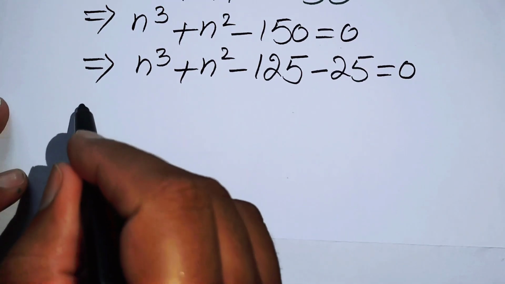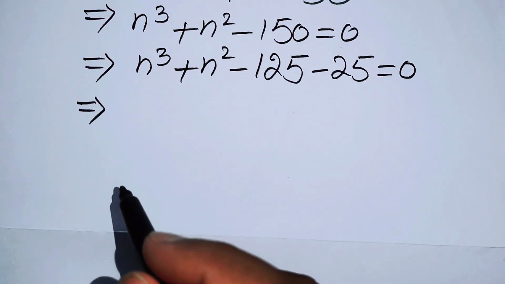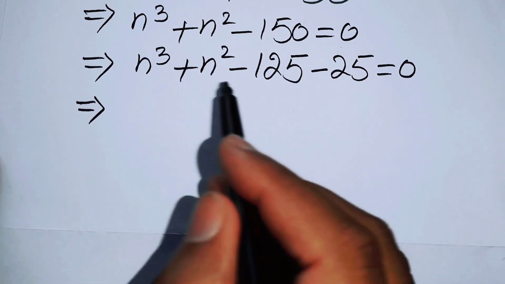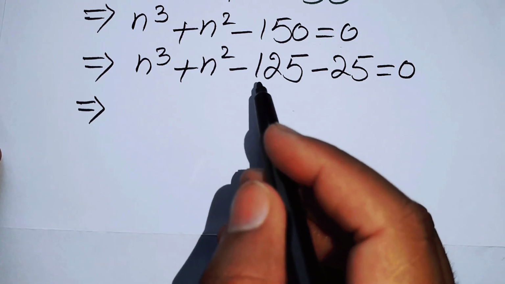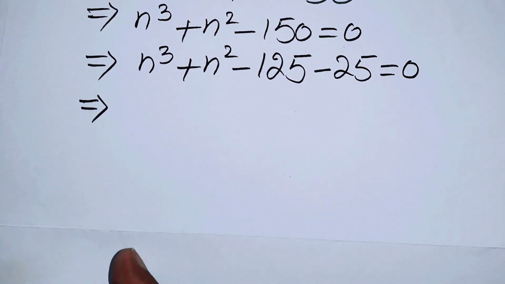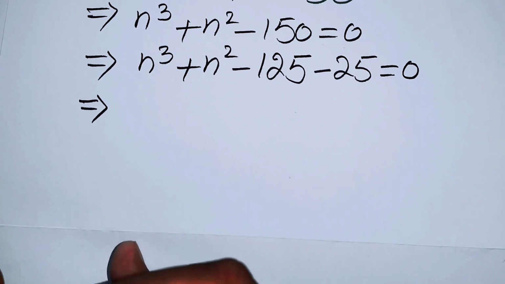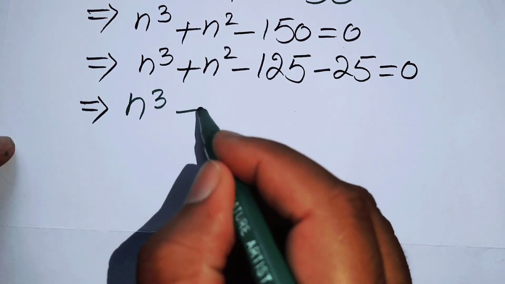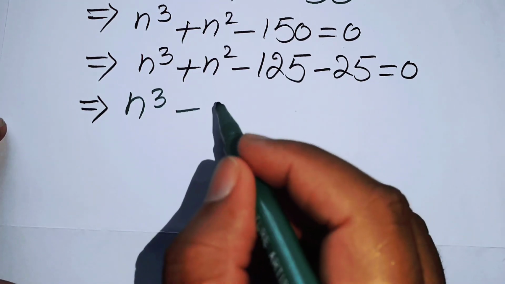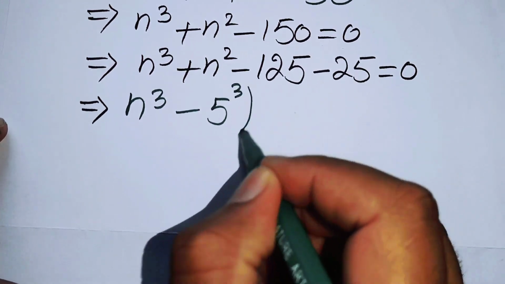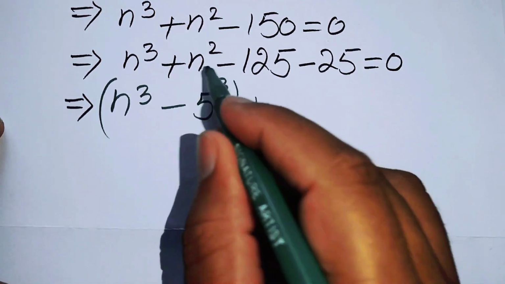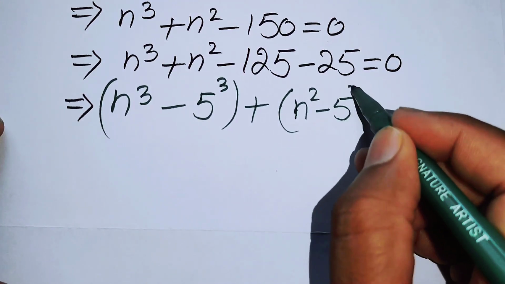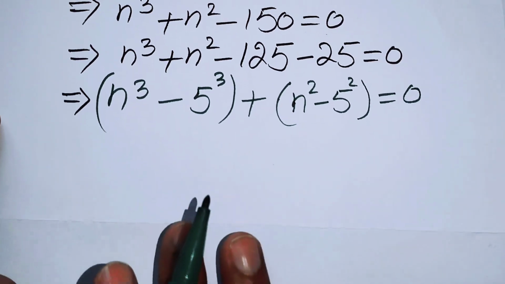Here we will make pairs of the cubic terms and the square terms, so that the cubic terms are n cubed and 125, because 125 is equal to 5 cubed, so we write it as n cubed minus 125, which is 5 cubed, plus here you have n squared minus 25, and 25 is 5 squared, is equal to 0.